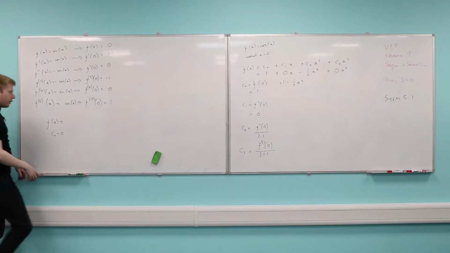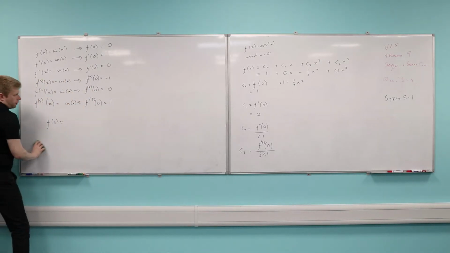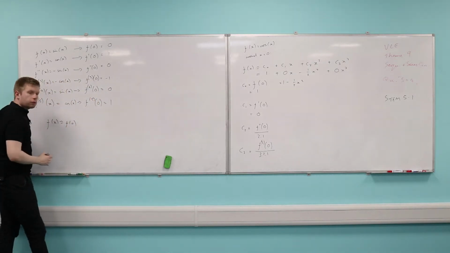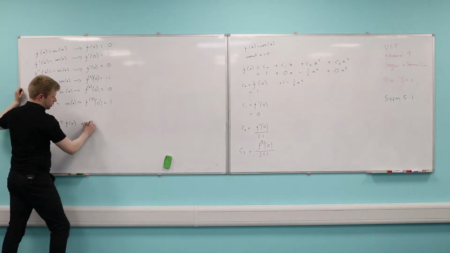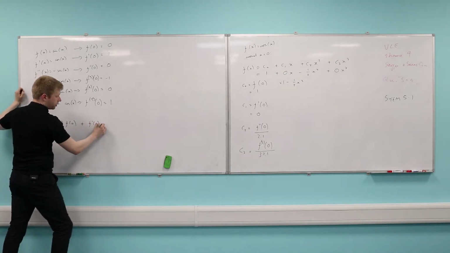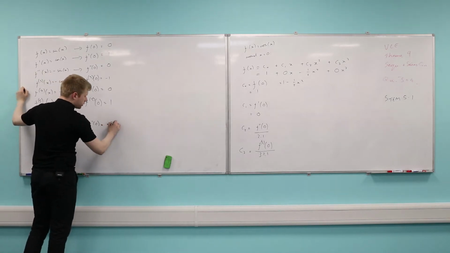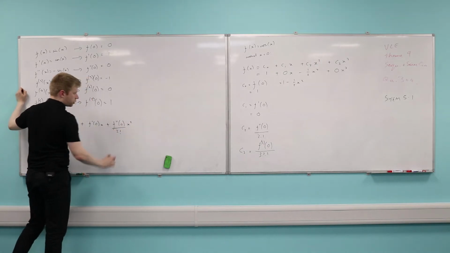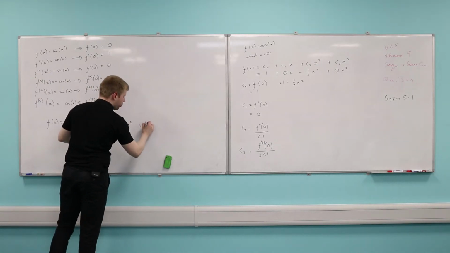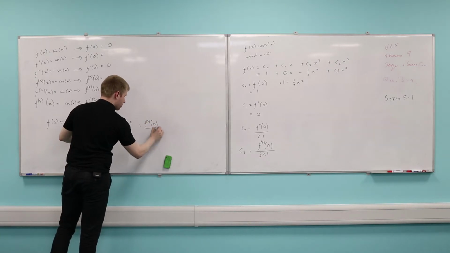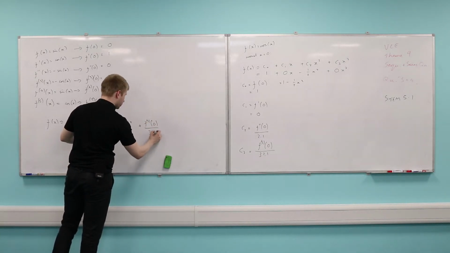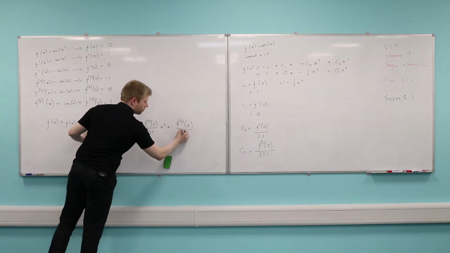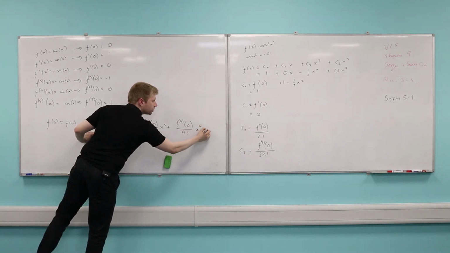In fact, let me write this out in generalized notation. Instead of writing C0, I'm going to write this as f of 0, that's my first term, plus f prime of 0 times x, plus my second derivative of 0 times x squared divided by 2 factorial, plus the third derivative around 0 over 3 factorial times x cubed, plus the fourth derivative approximated at 0 divided by 4 factorial times x to the power 4, and so on.